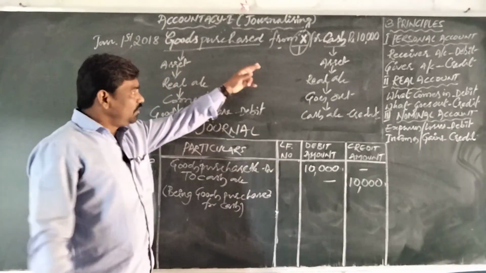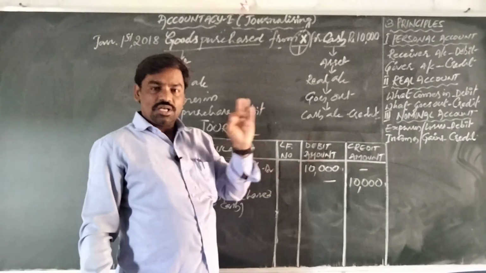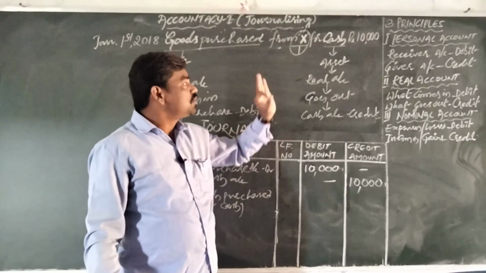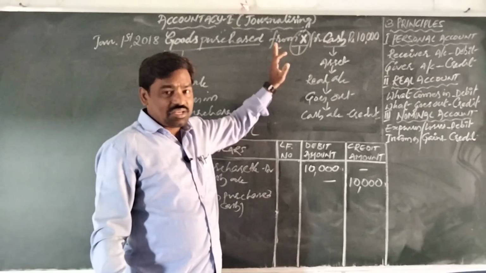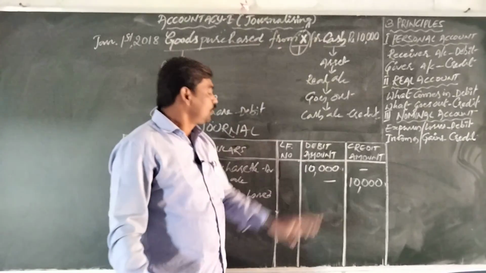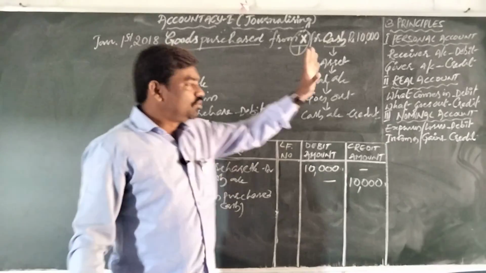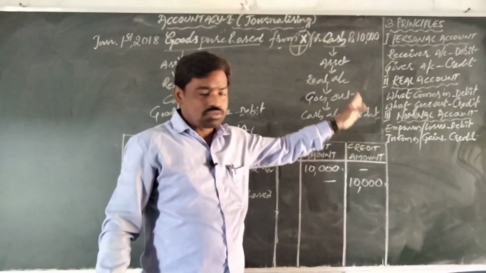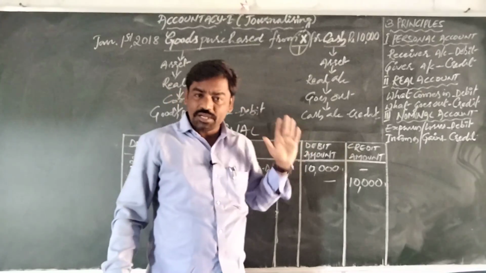So generally we will get three aspects in cash purchases or cash sales. There we can simply ignore the third aspect, the name of a person, when it is a cash transaction. Okay, students, once again observe that first you must know the three types of accounts and their principles, and you must be aware of the dual aspect concept.